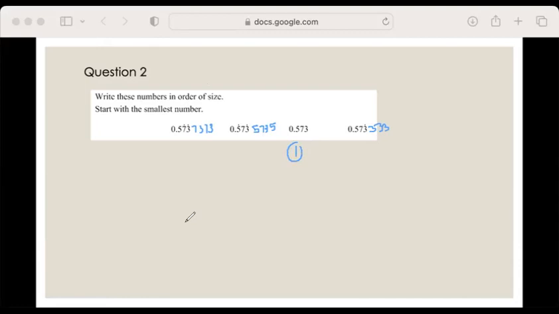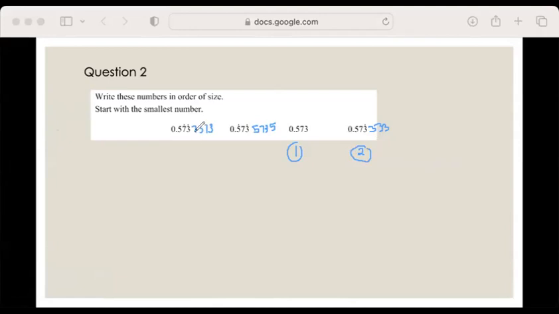And 0.573333, I think. So that's the second largest one, right? Sorry, let me get the pen. Okay, so this is the second largest one after that.